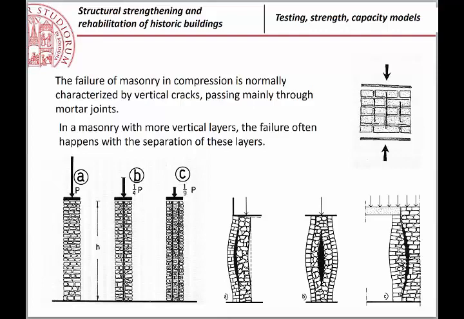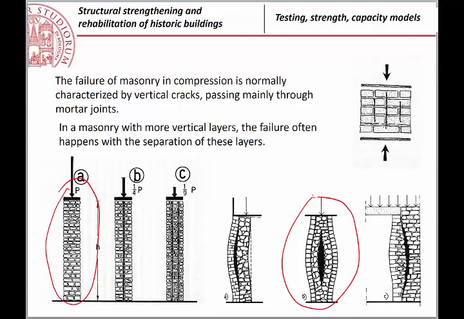About the importance of connections, this is a picture that shows what I was saying before. Of course, if you have a connection, the wall works together. If you don't have a connection, and especially, for example, this is a kind of masonry with 2 leaves and an internal core.